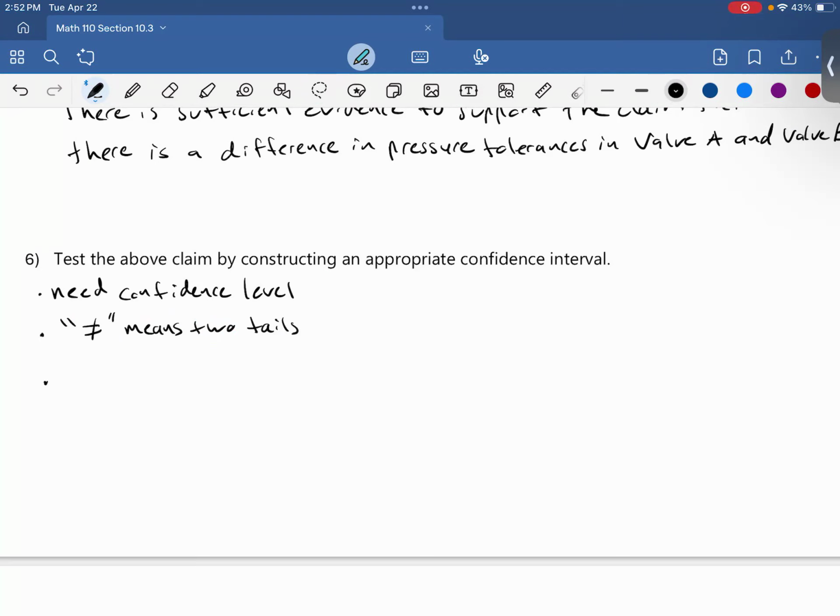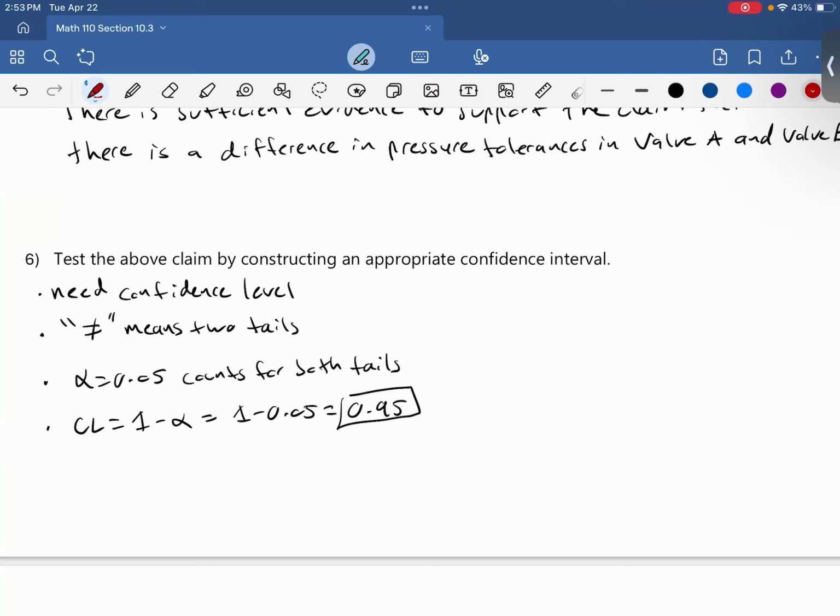So what that means is that alpha being 0.05 counts for both of our tails, so we don't have to double it. We can just use alpha as is. Confidence level, remember, is 1 minus alpha. So it's 1 minus 0.05, and we get 0.95. This is our confidence level.